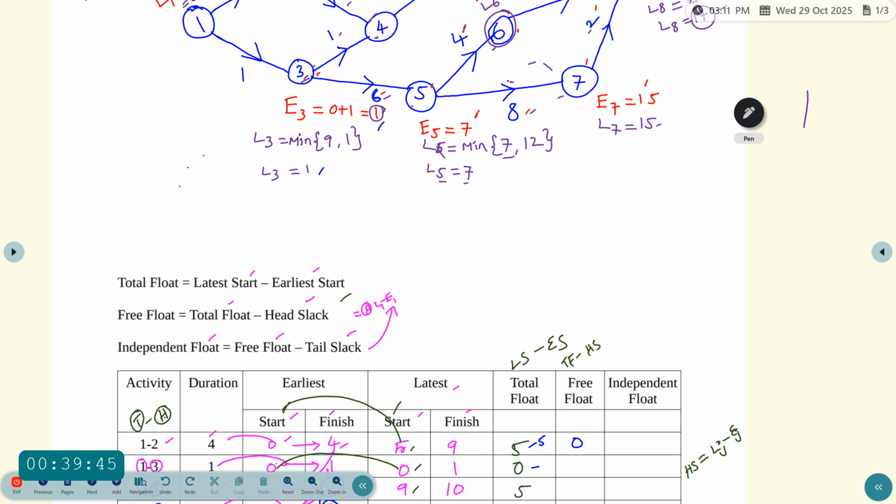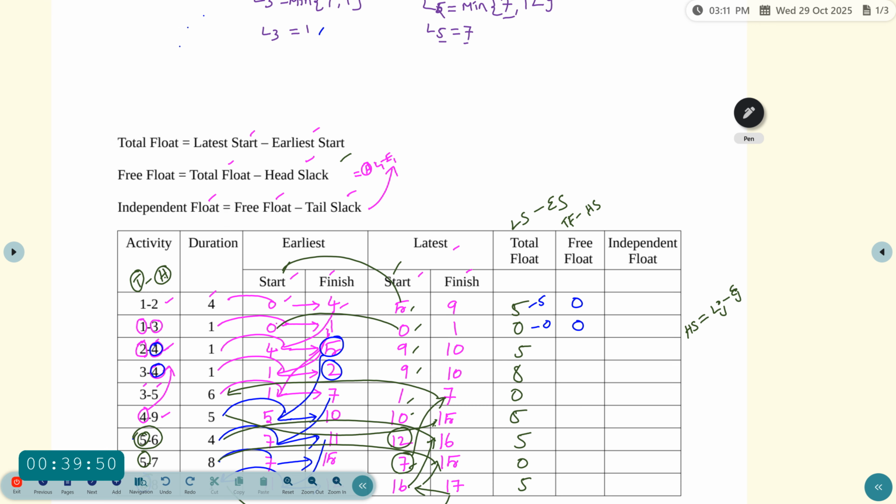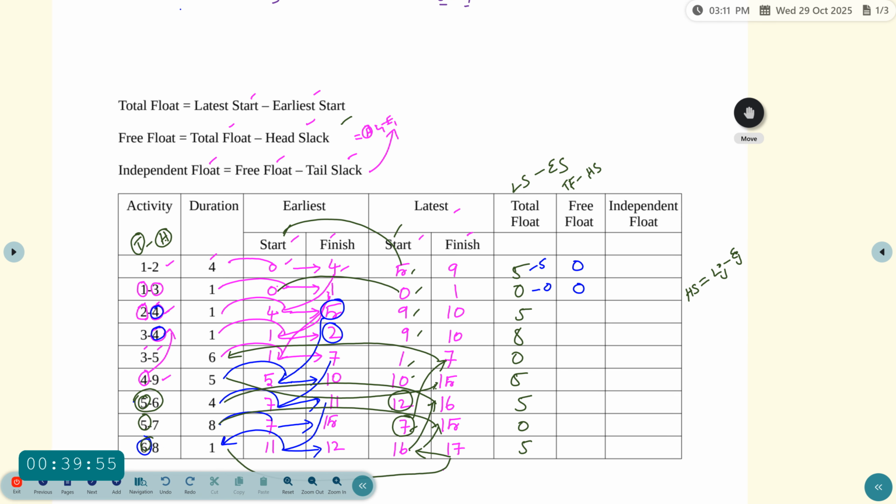The total float value is already 0, so 0 minus 0 equals 0. Similarly, we have to find all the values.